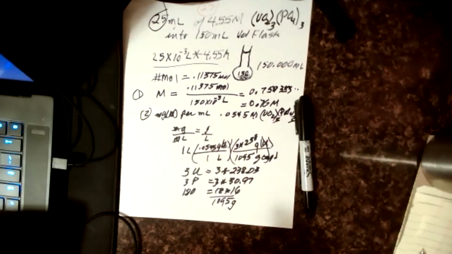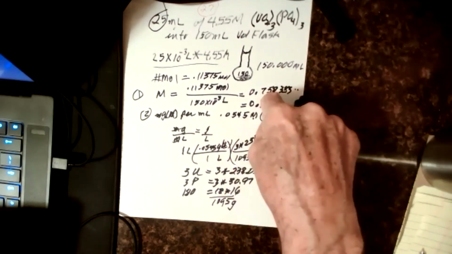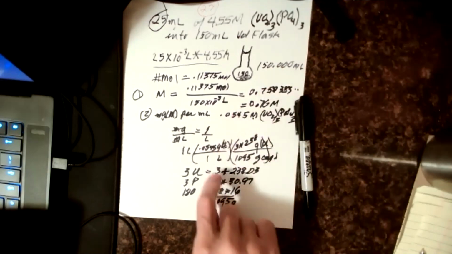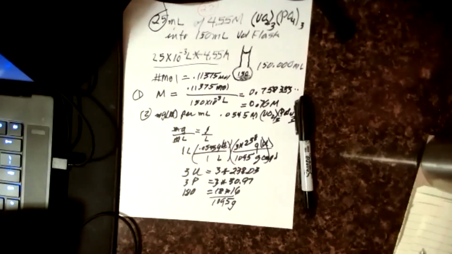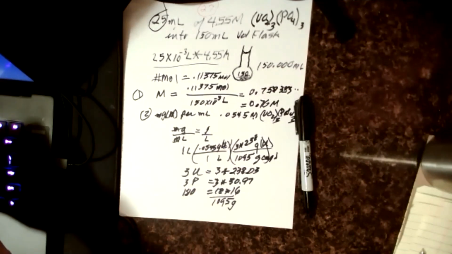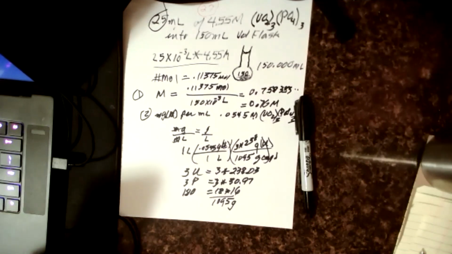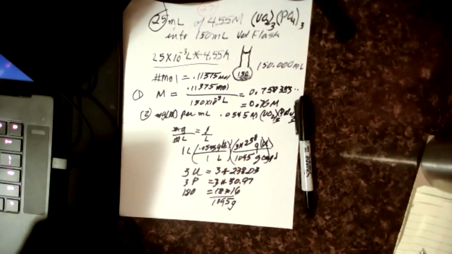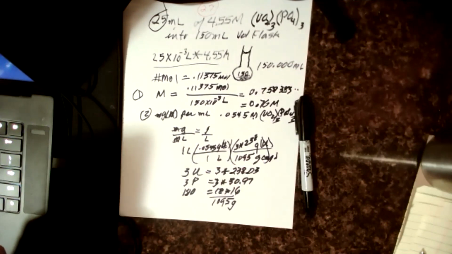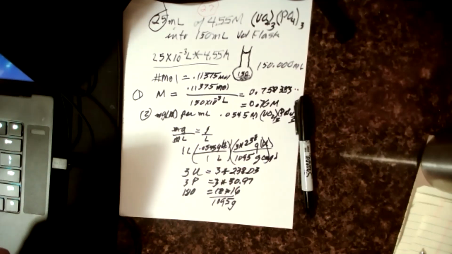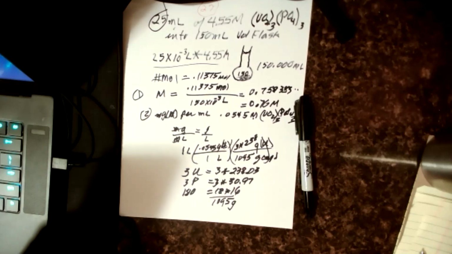I forgot we're not using that original solution. We're using a different one. So I want to take 0.0545, and yes, 0.0545, and I want to multiply that times 3 times 238.03 and divide it by the answer that I've still got on my screen.